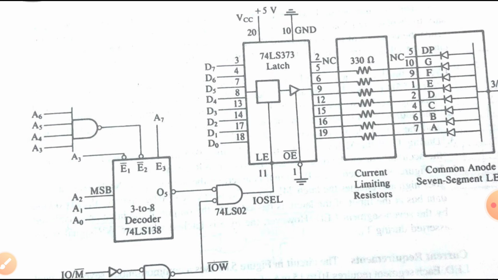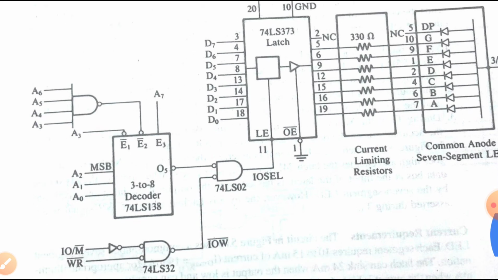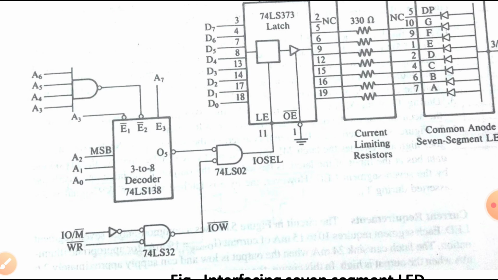Now the output O5 of the decoder is logically ANDed with the control signal IOW, and this IOW is again the output of a NAND gate whose inputs are the input output memory signal as well as the write signal. So it is generating an input output write signal.